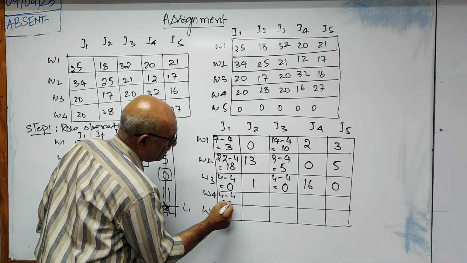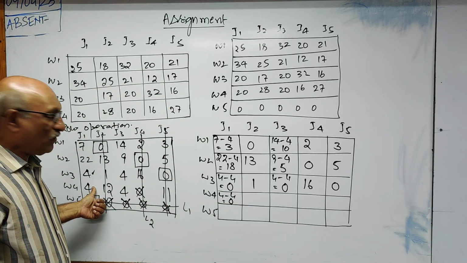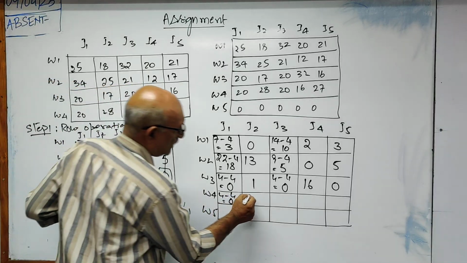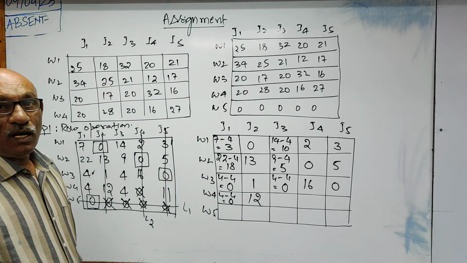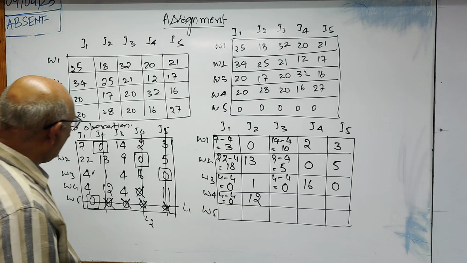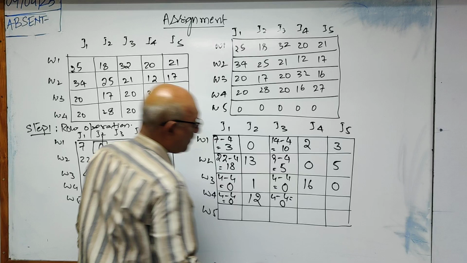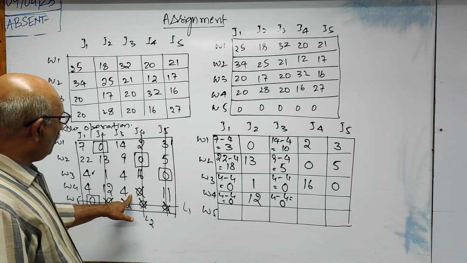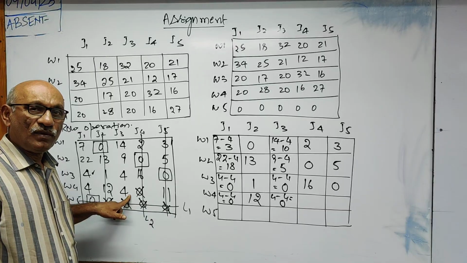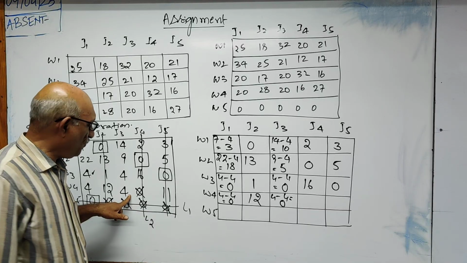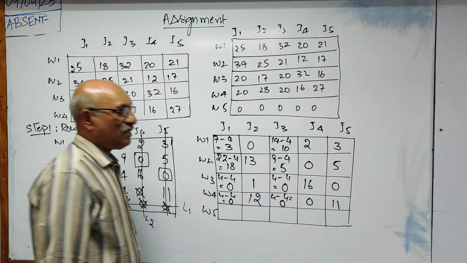Fourth row, first element is free from the lines. Therefore, 4 is subtracted. From the next element, a line is passing. So that 12 will remain the same. Next element 4 is free from the lines. Therefore, the least value is subtracted from 4. From 0 and 11, a line is passing.